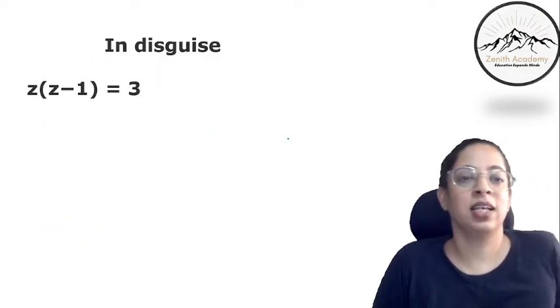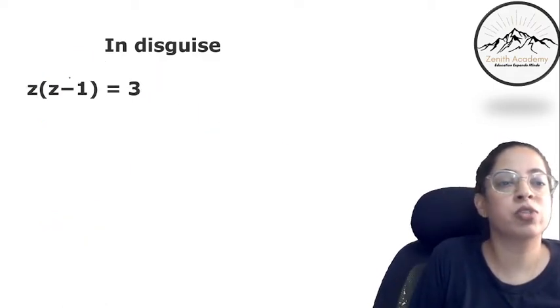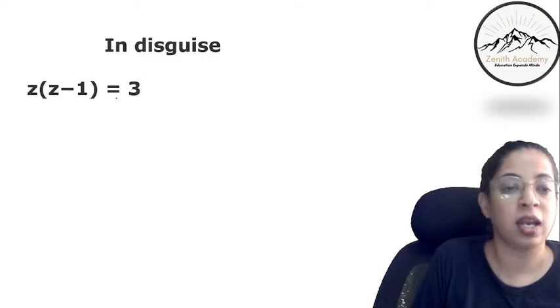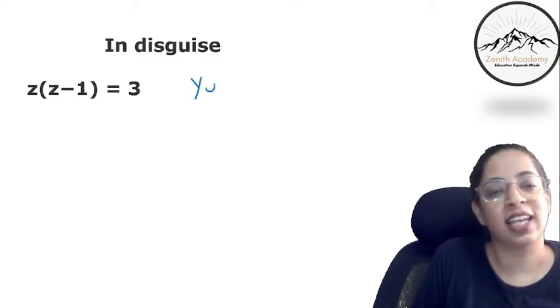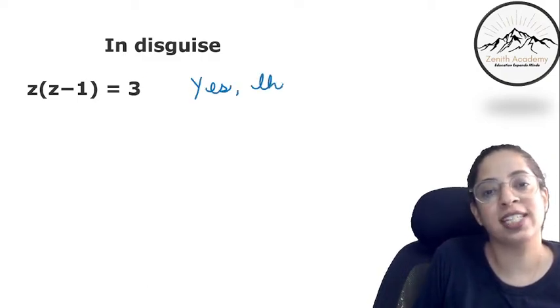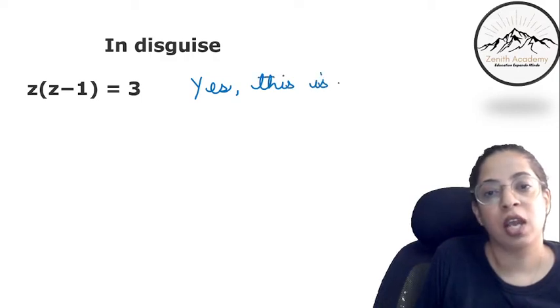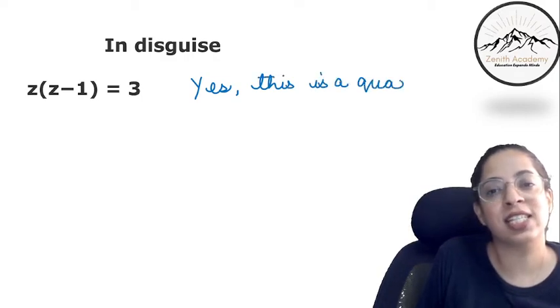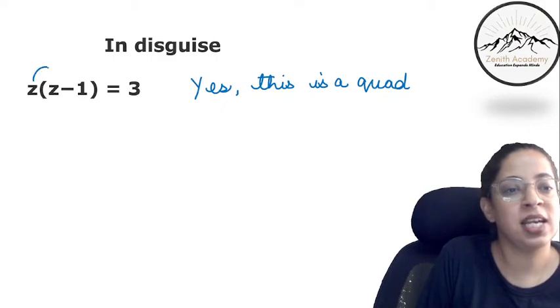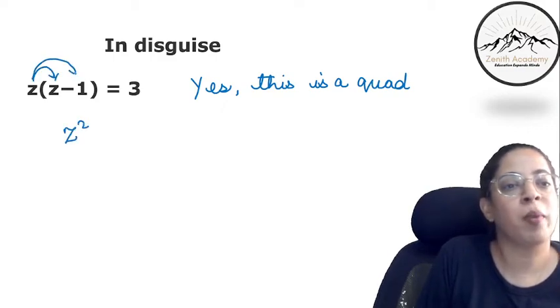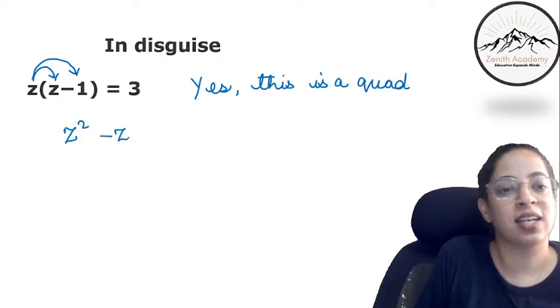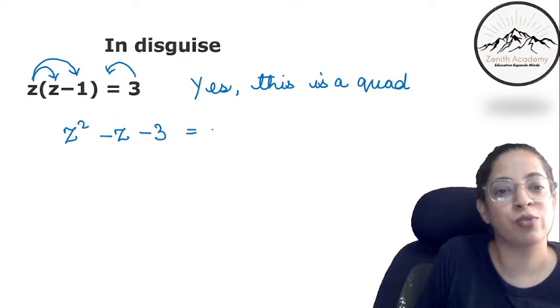Now let's see. Here you are not able to see any square, correct? But even this is a quadratic equation. How come? Let's solve this and see. z into z is z square. z into minus 1 is minus z. And if we bring this 3 to the other side, it becomes minus 3 is equal to 0.